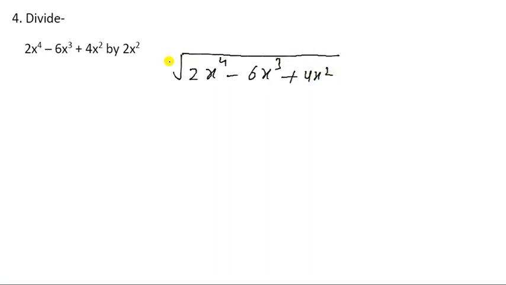Question number 3, find the value of this. So let us see. First, apply the distribution law. So x square multiplied to 3x minus 5y. Now plus y square is further multiplied to 3x minus 5y.